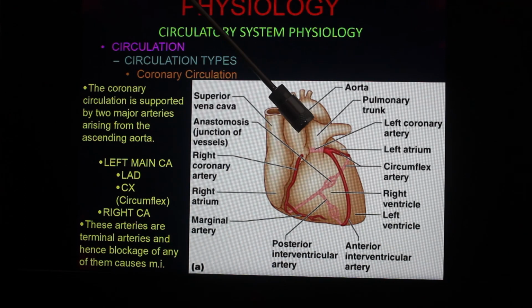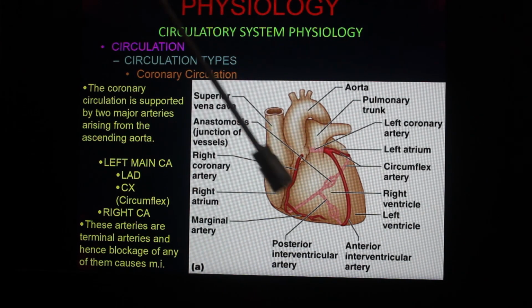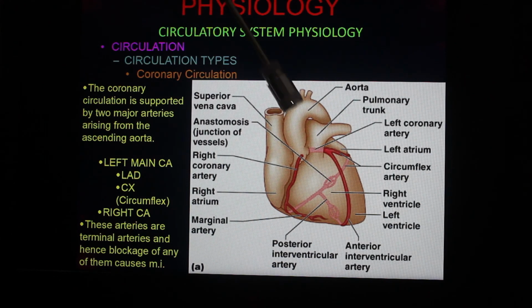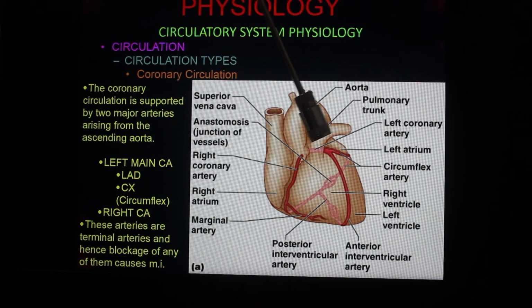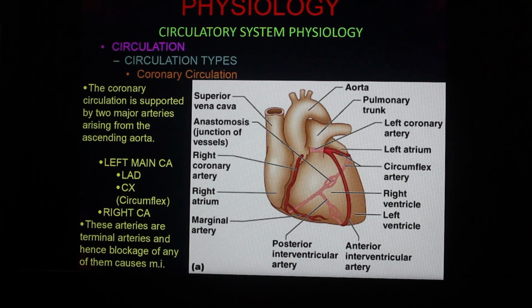The left coronary artery, after leaving the aorta, divides into two. One is named the left anterior descending artery, and the other, turning towards the back of the heart, is named the circumflex artery. They come from a common root, which is the left main coronary artery. One of them supplies the front side of the heart, and the other turns backwards and supplies the back of the left ventricle.